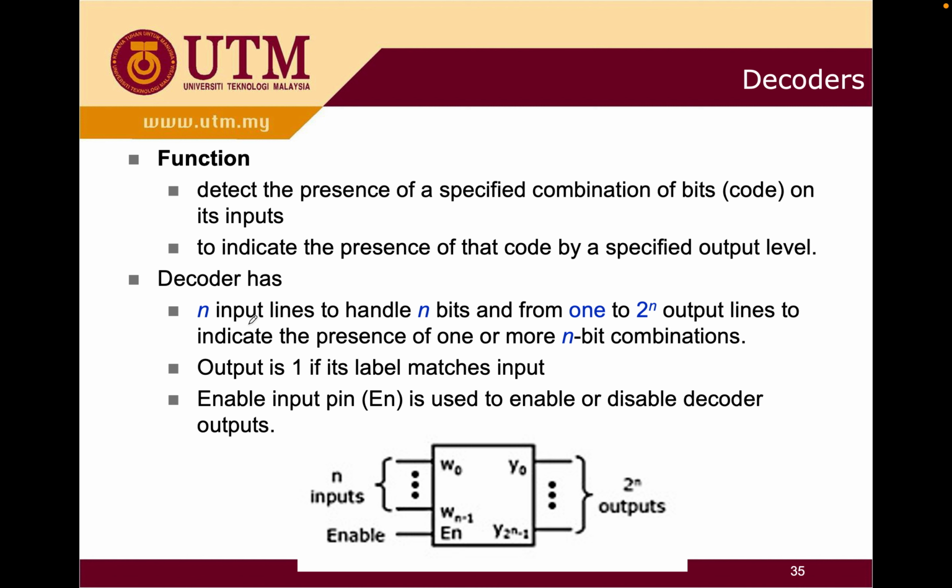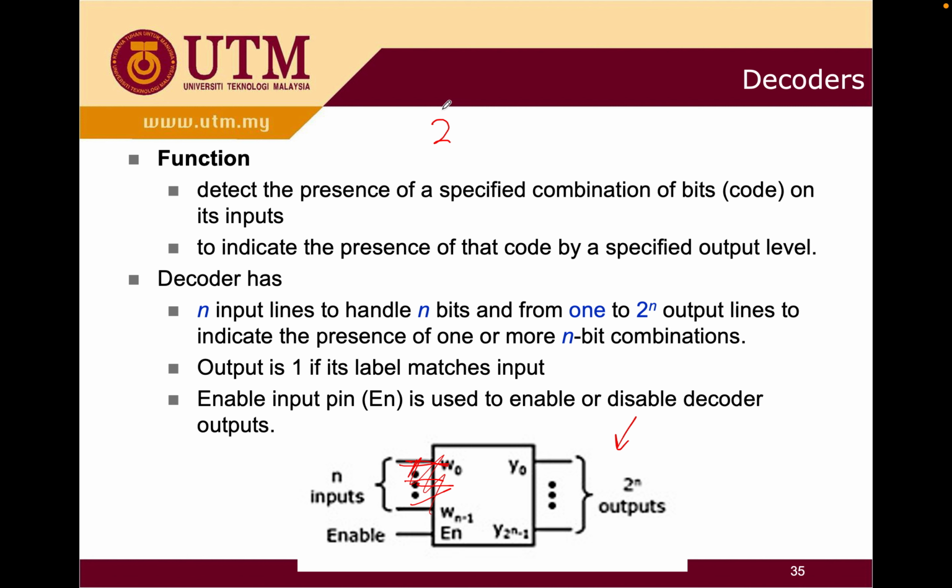So a decoder has input lines to handle n bits, and from 1 to 2 to the power of n outputs. So the outputs must be more than your input. If let's say you have 2-bit inputs, so of course you're going to have only 2 inputs, right?